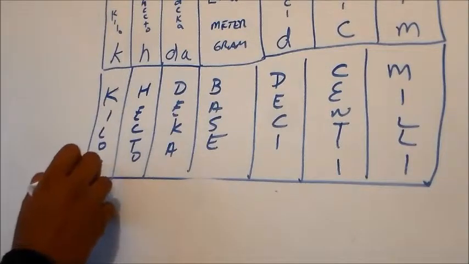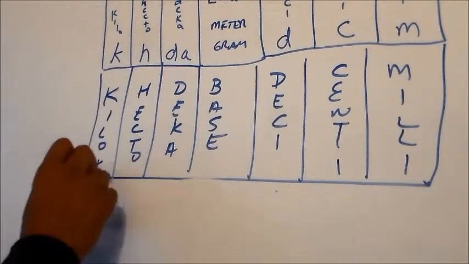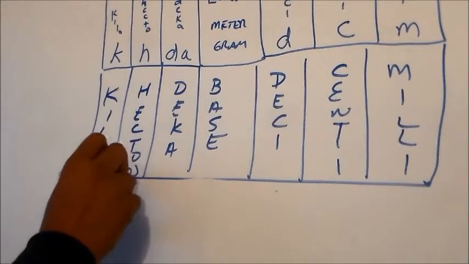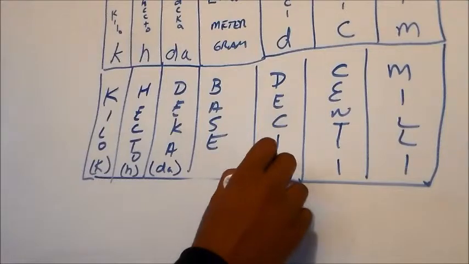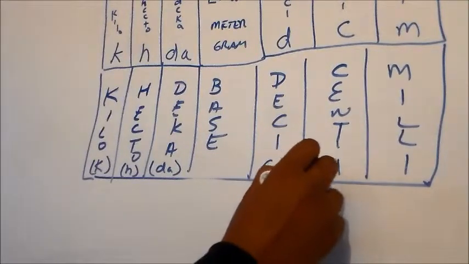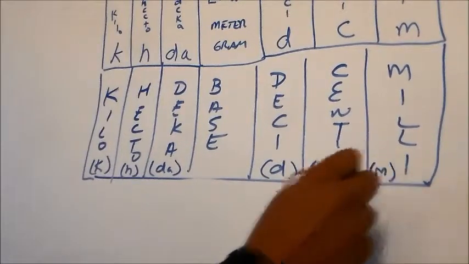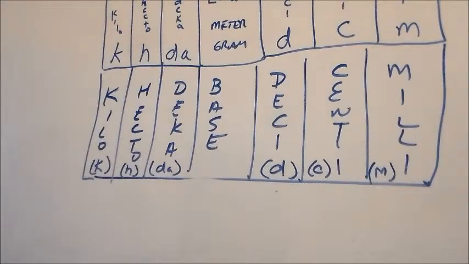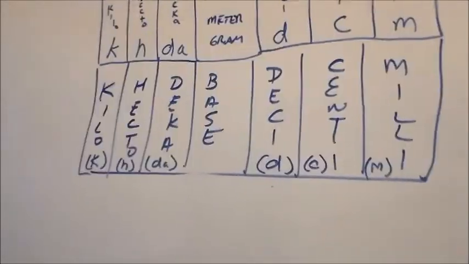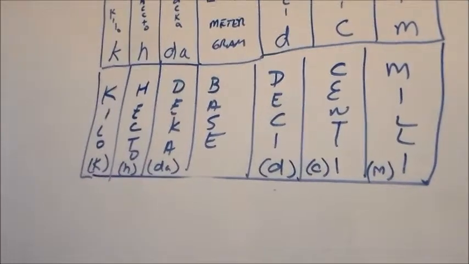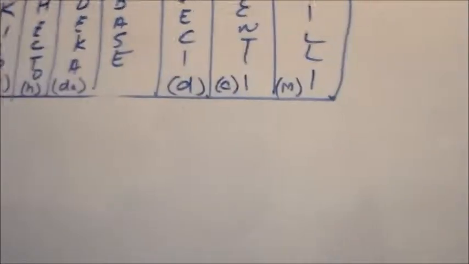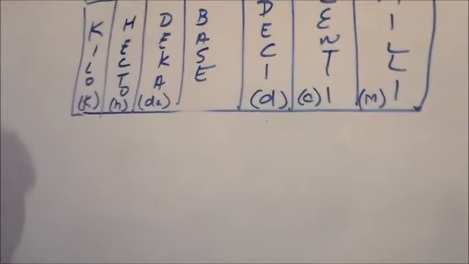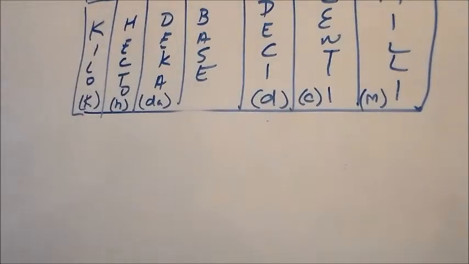And I'll put the little K, H, D, A, D, this is a C, and this is an M. Those are just little prefixes we use. Alright, let's see if I can't get a little bit more real estate to work with here. And we do. We got it. Great. That's good.